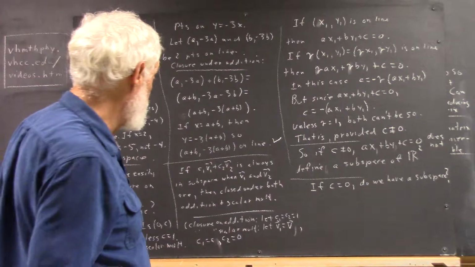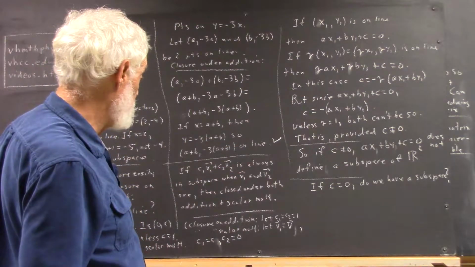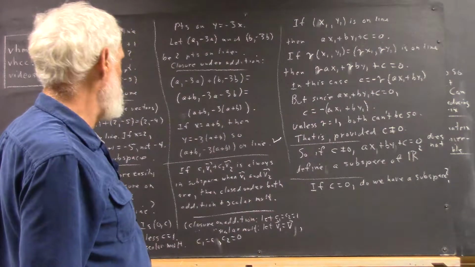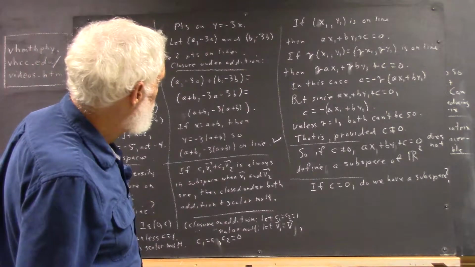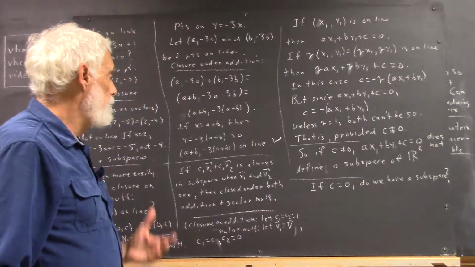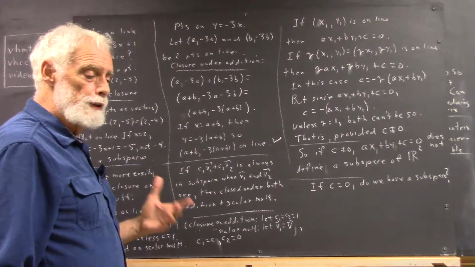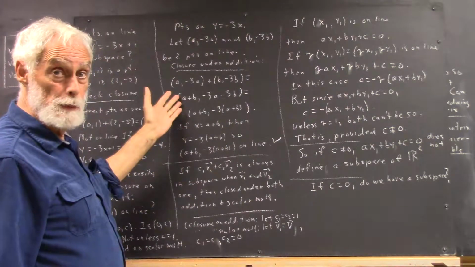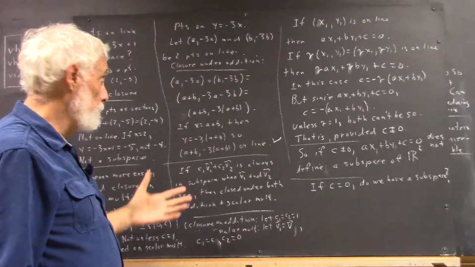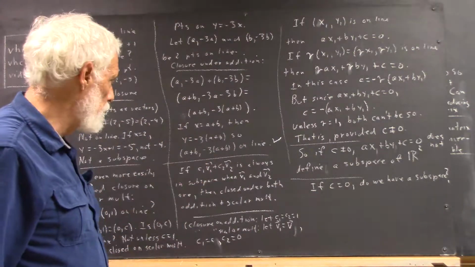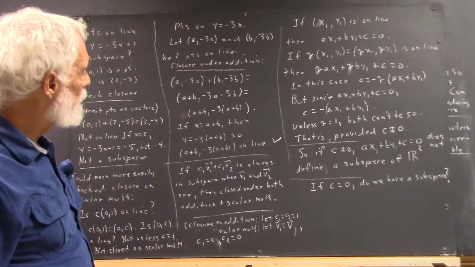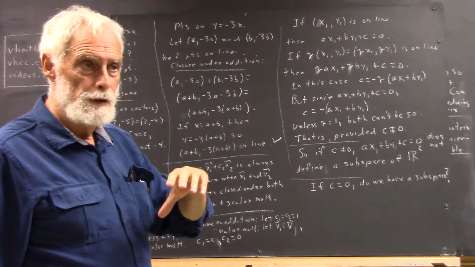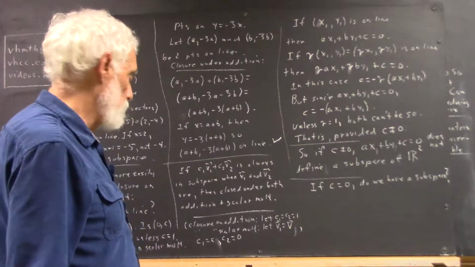And we had to use symbols. We couldn't use just a simple example, a single example. Okay? Now, I want to show that we can combine the tests for closure. We didn't check closure on scalar multiplication, did we? I kind of leave that to you, but it's equally easy to check. There's a single test that can replace both the tests for closure on addition and closure on scalar multiplication.